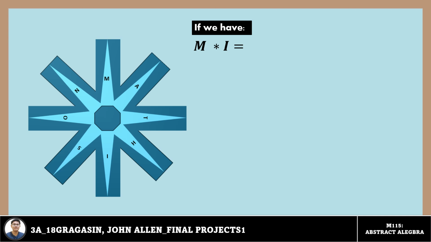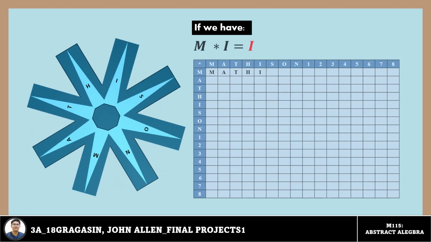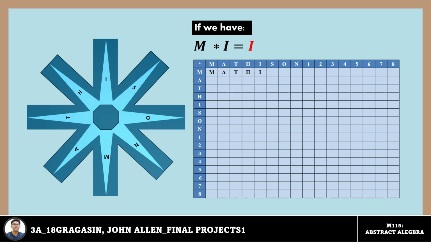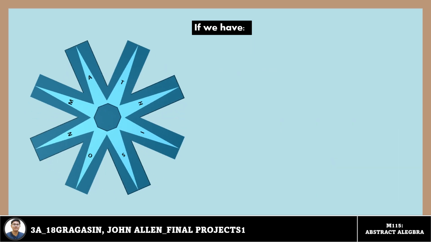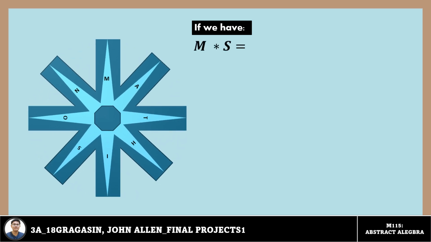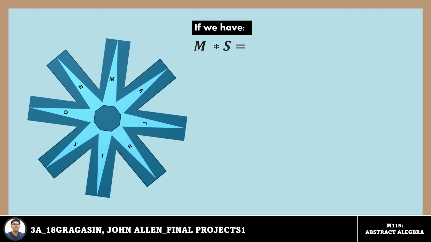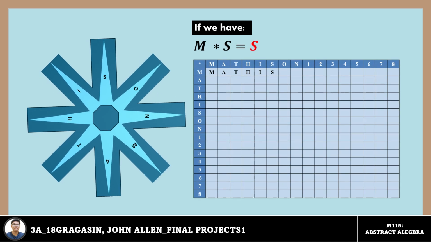Our answer would be letter I or element I. Next, if M star S or do nothing, then we rotate it by 225 degrees counterclockwise. Our answer would be letter S.